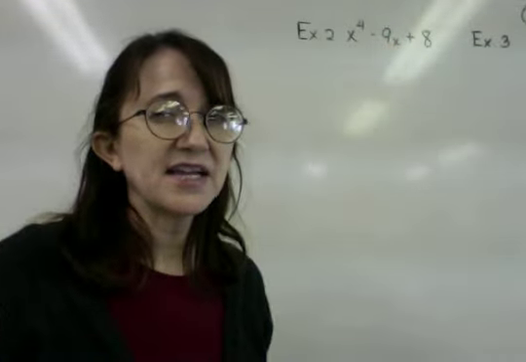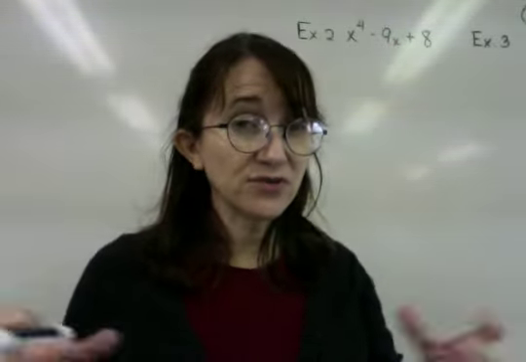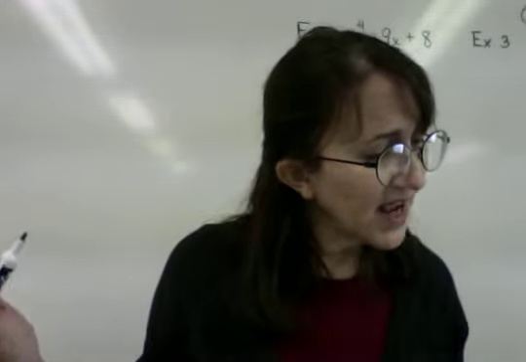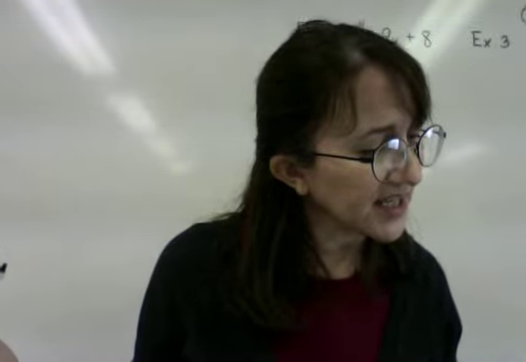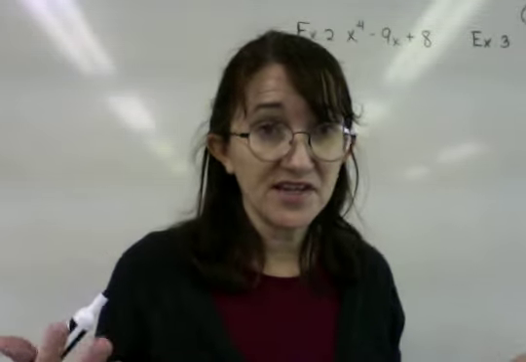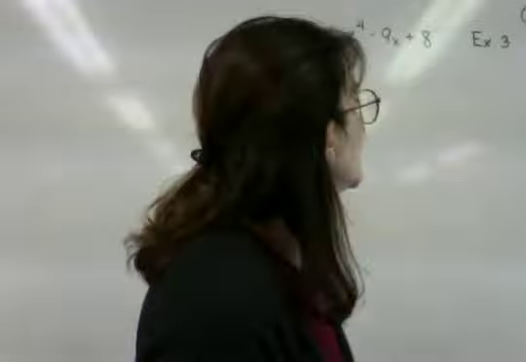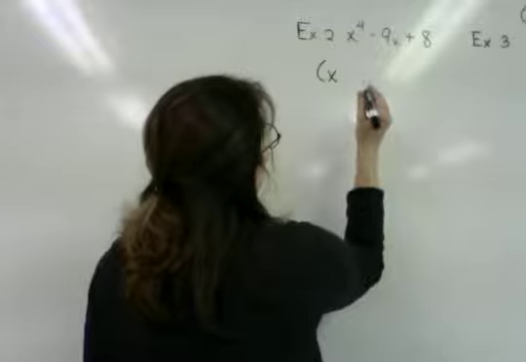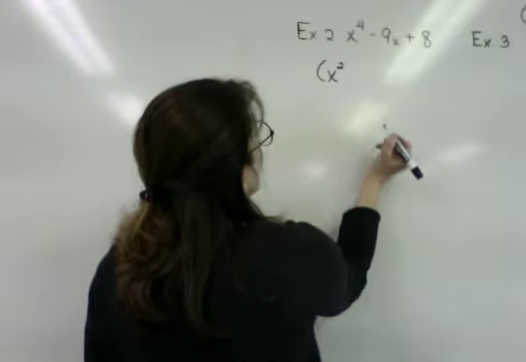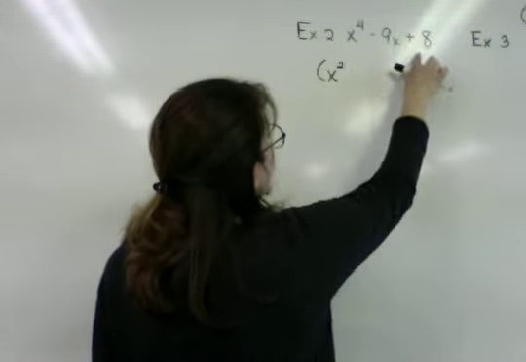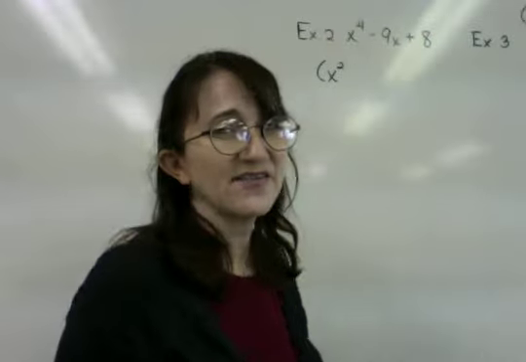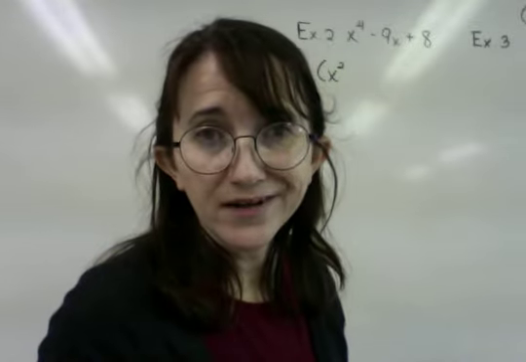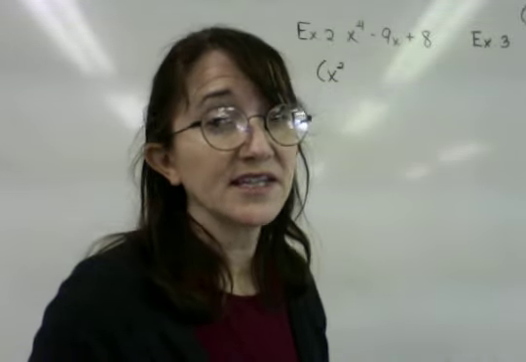So factors of 8 that if I added those two factors together, the sum will become a -9. And that's probably where you're going to start to say, I think I can kind of figure that out. So this is going to be x to the 4th. So think of what happened to those two. So I'm going to have an x squared. Then what would be factors of 8 where I put them together, I ended up with that -9?